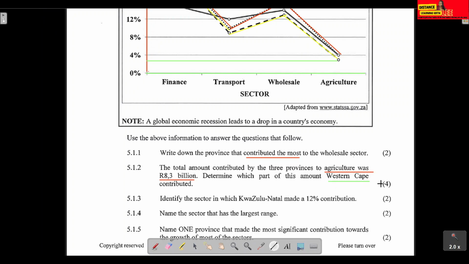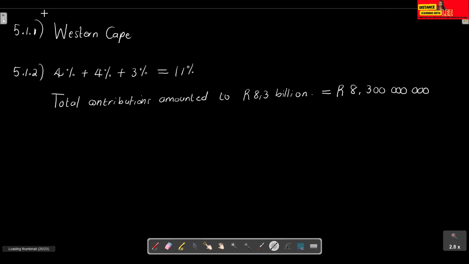In this case, we don't want the percentage. We want how much out of that 8.3 billion was contributed by the Western Cape. How can you get that value? Guys, all the time, we're going to take that 8.3 billion and multiply by what you want.